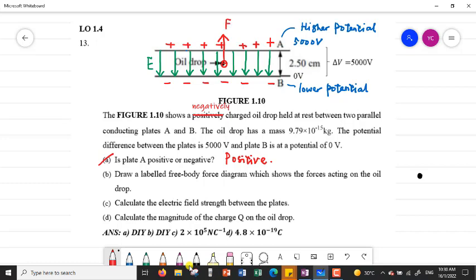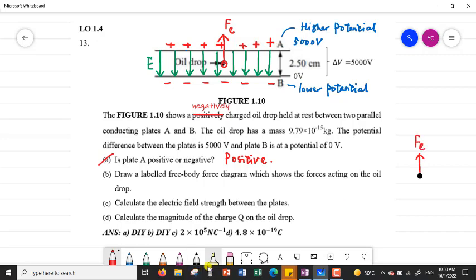So the oil drop will experience electric force upward. Because it's negatively charged, it feels an attraction towards plate A, which is positive. So we have electric force acting upward on the oil drop.